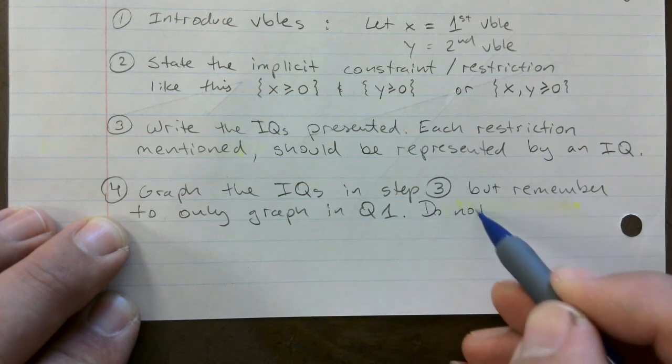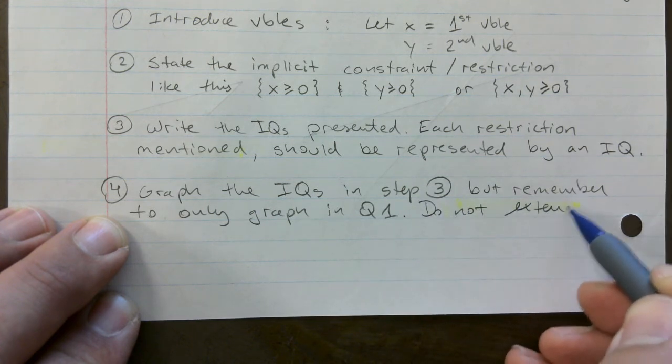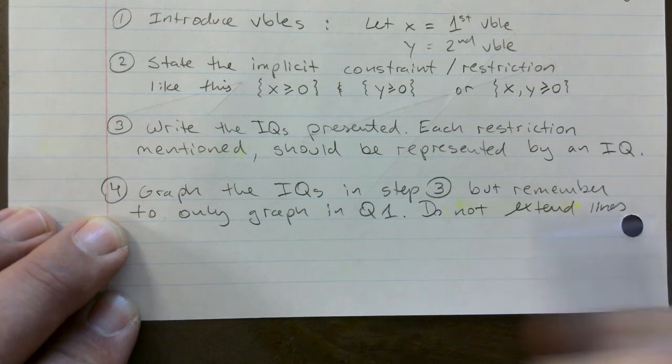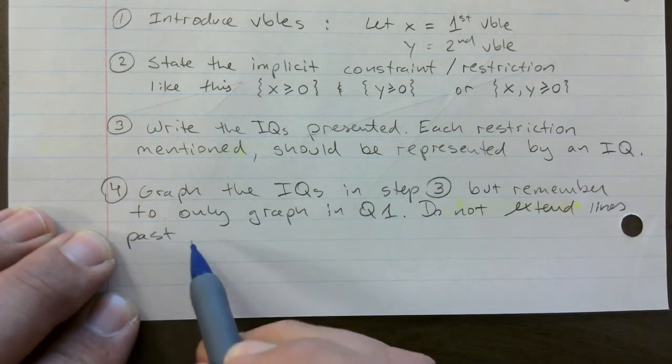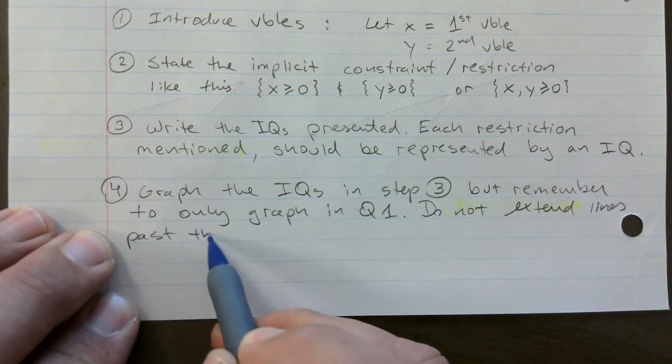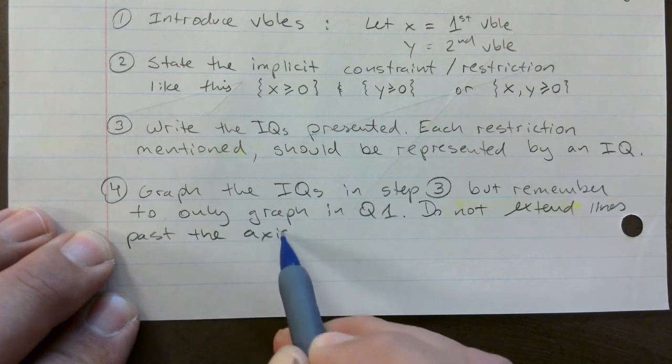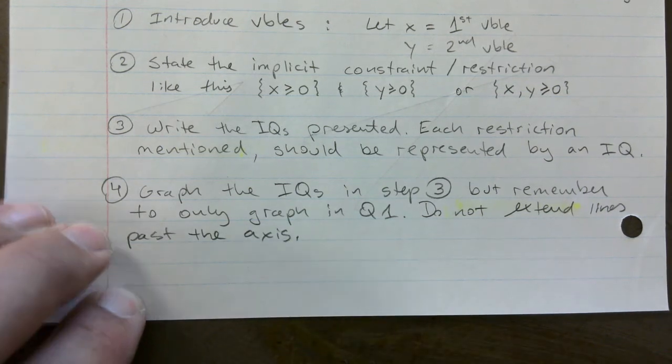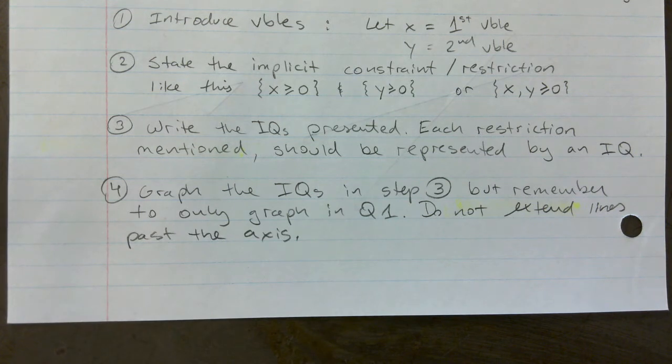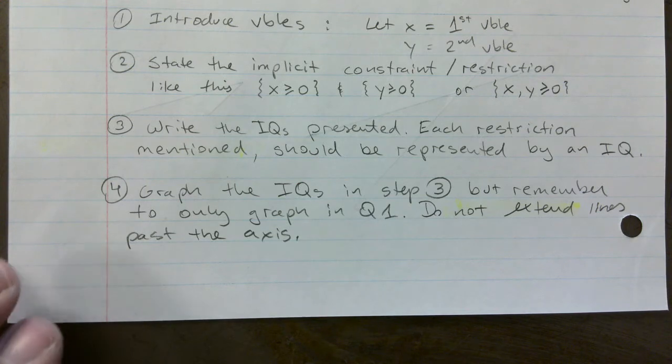Do not extend lines past it. If you extend the lines past the axes, you're going to lose half a mark, okay? So make it stop, don't continue. I know I always tell you don't be scared to extend, but now that we're doing word problems, you got to stop at the x and the y axis. Do not continue, okay?